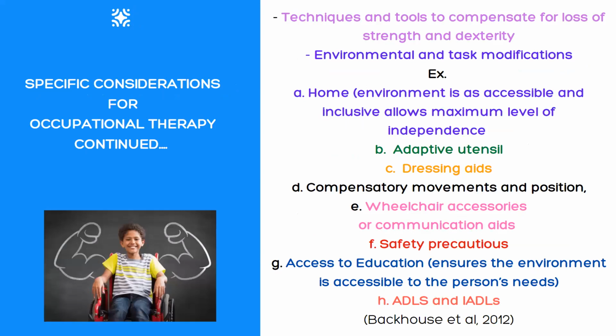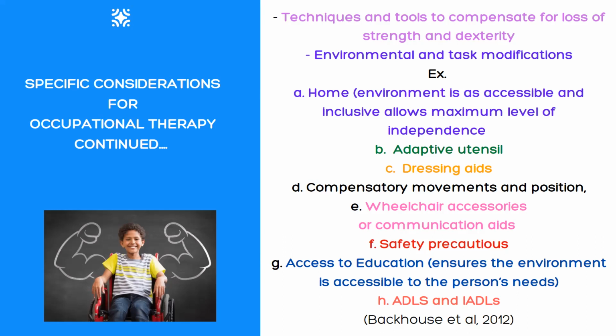Another thing: we use tools to compensate for loss of strength and dexterity. Another important role for occupational therapists is to make sure the environment and task are modified. That means assessing the home environment to see where different types of modifications could be included in order to make occupations a bit easier, as well as to help the individual do things independently.